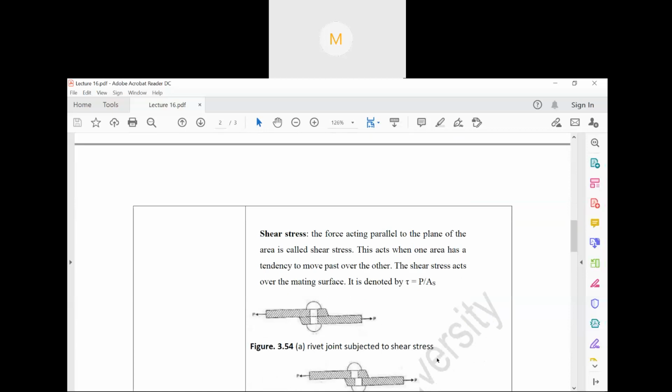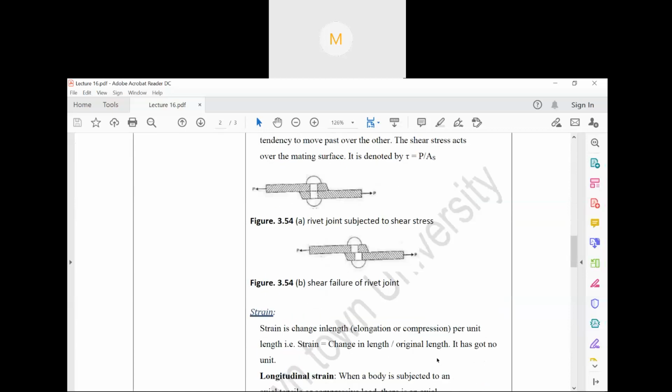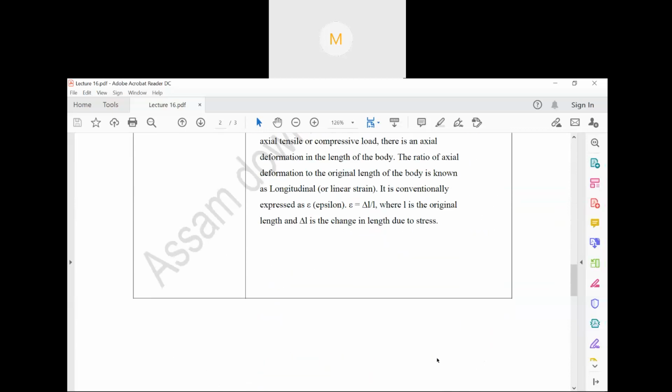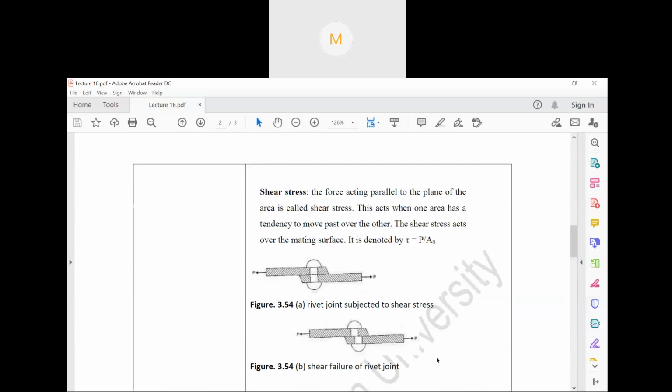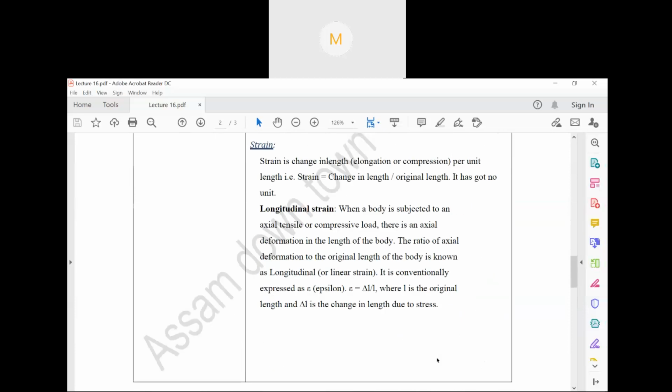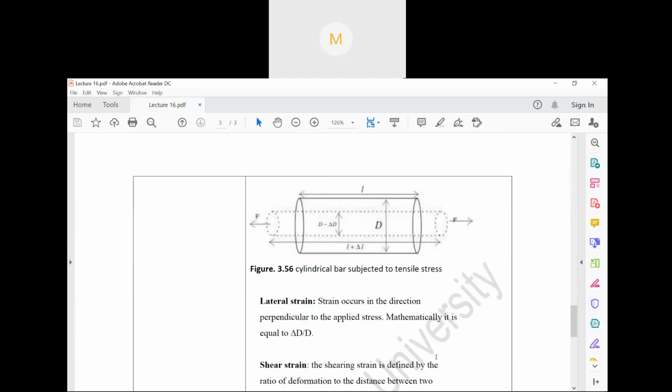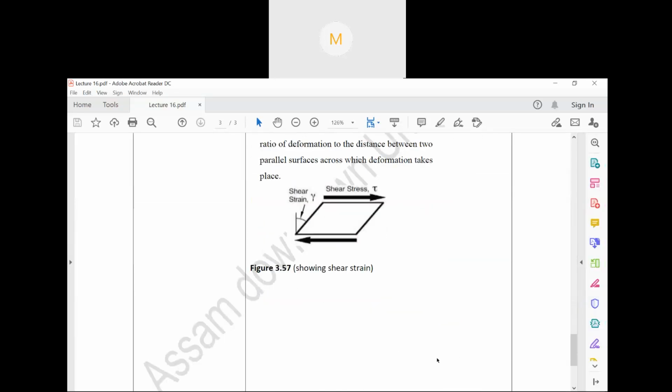Okay. Now we are going to stress and strain of shear stress. What is basically shear stress?